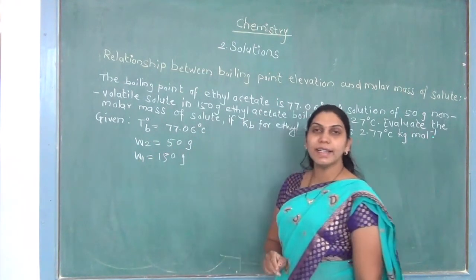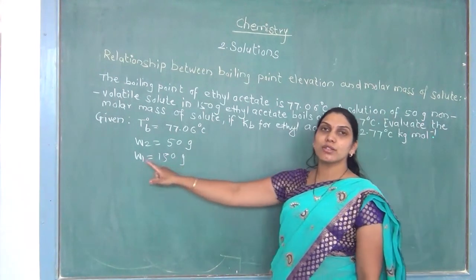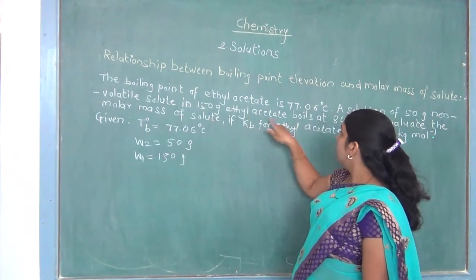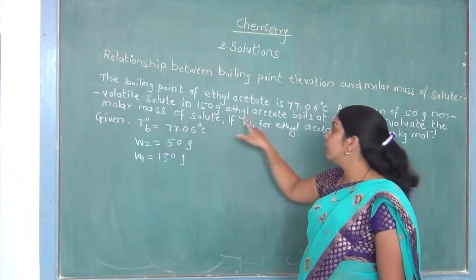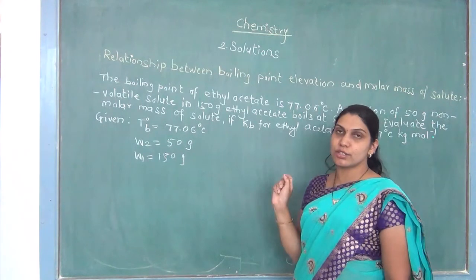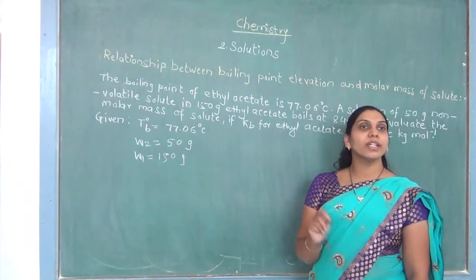So here we write W1 is equal to 150 gram, because the mass of solvent is denoted by W1. This ethyl acetate, by addition of the solute, boils at 84.27 degrees Celsius. This is the boiling point of the solution, which is denoted by TB.